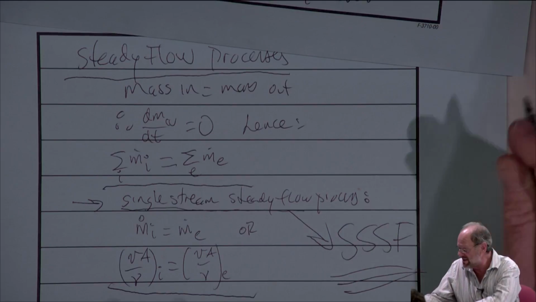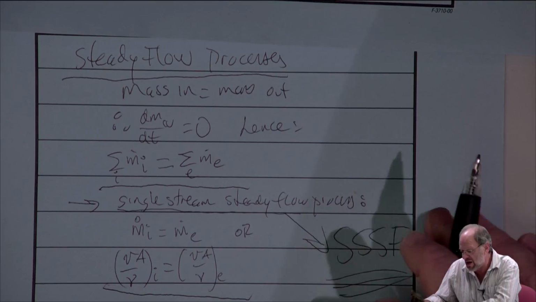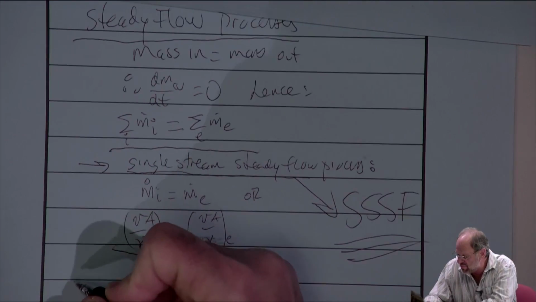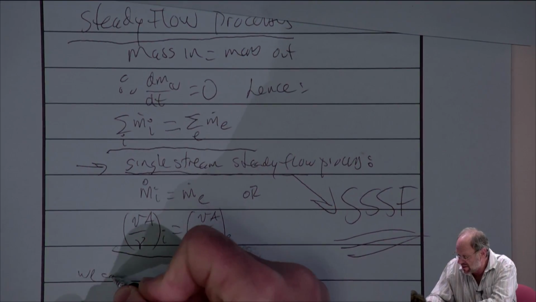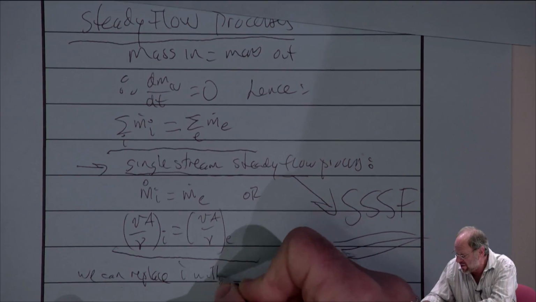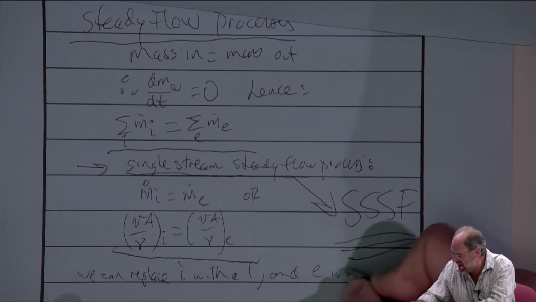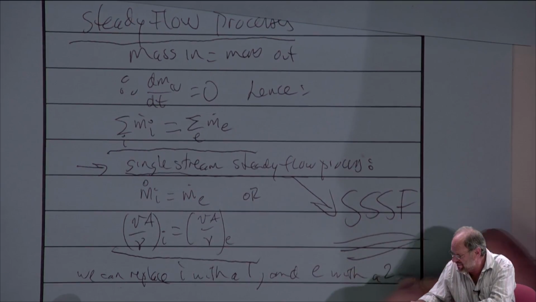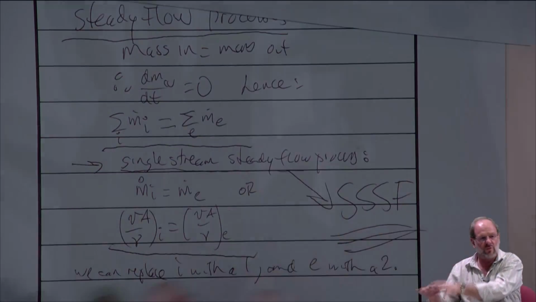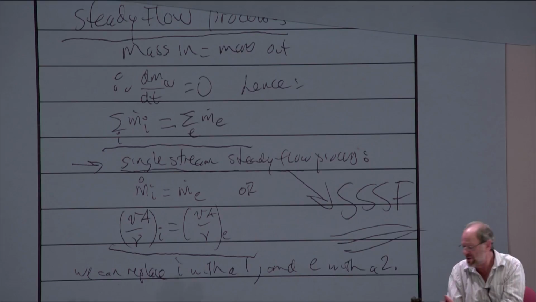Now, two last things to note here, then it looks like we're about out of time. Sometimes we replace the i with a 1 and e with a 2. Since we don't have to worry about the control volume anymore, we don't need to use 1 and 2 to represent initial and final state in the control volume.